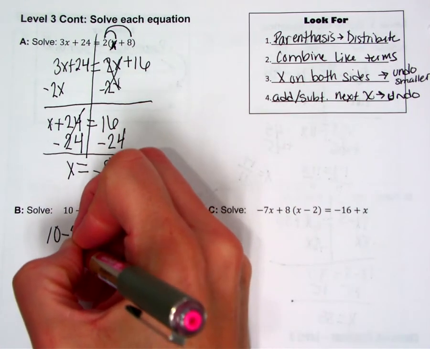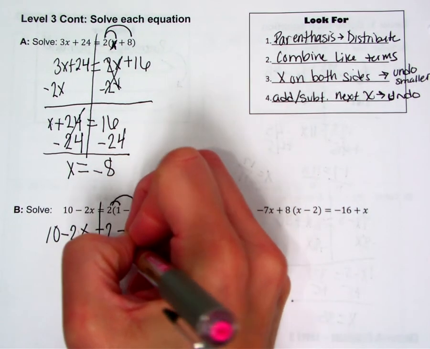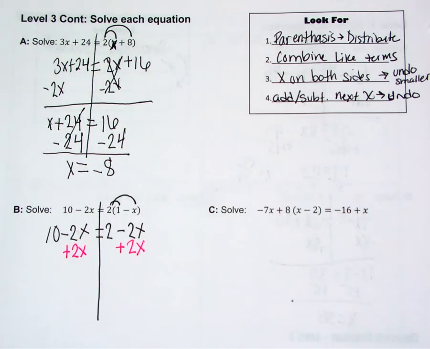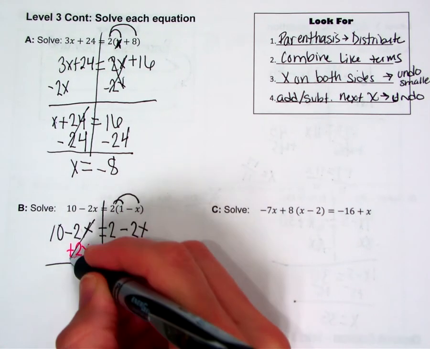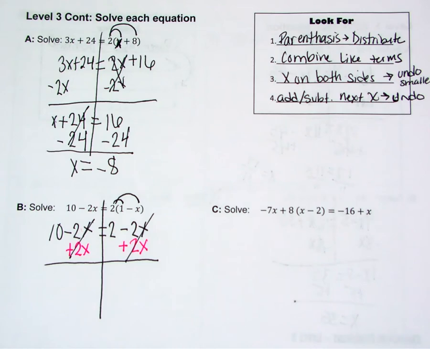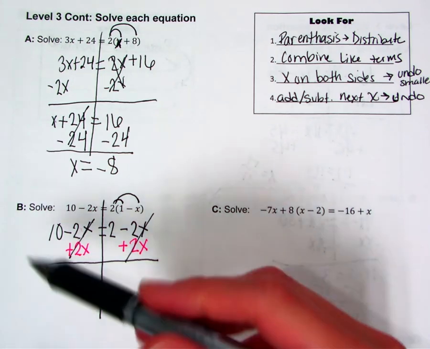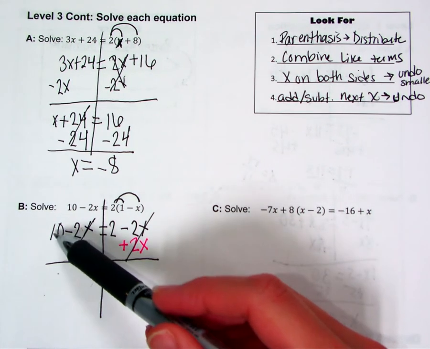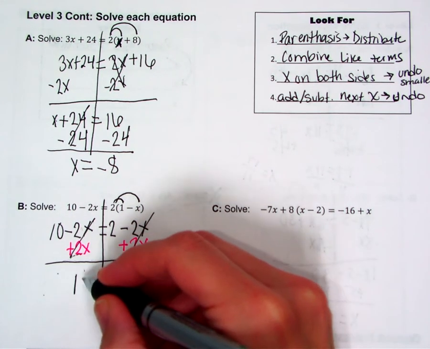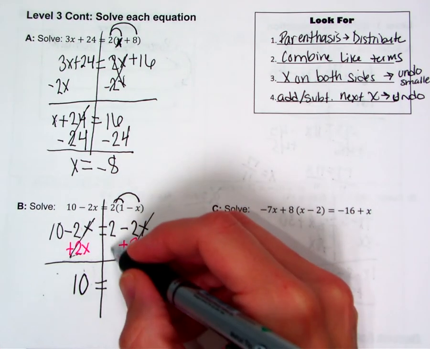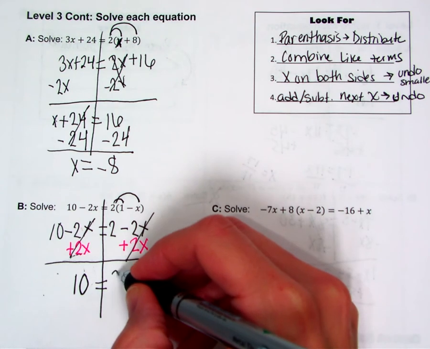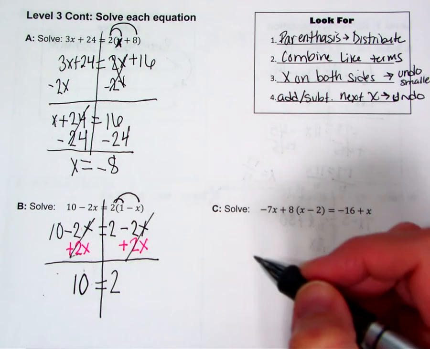Well, since they're the same, when I undo my 2x, both of my x's cancel out. So what's left over here on the left? The 10. What's left over here on the right? 2.